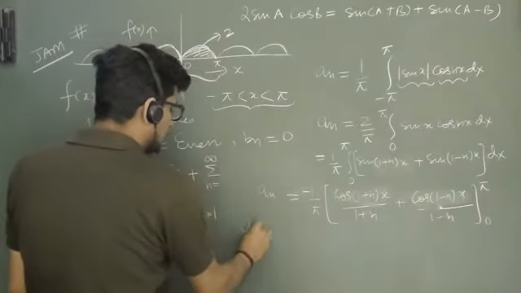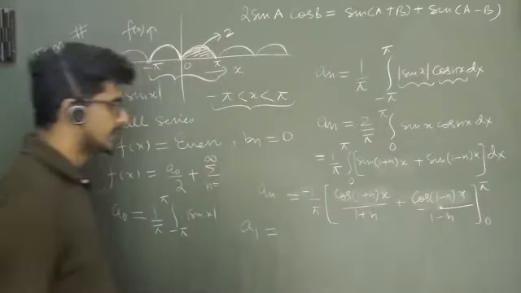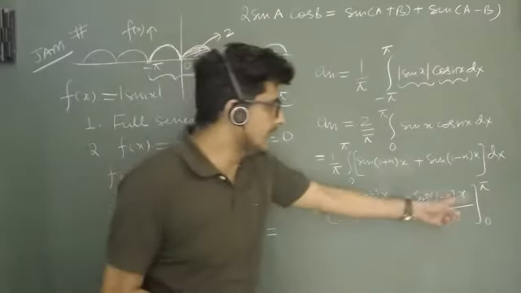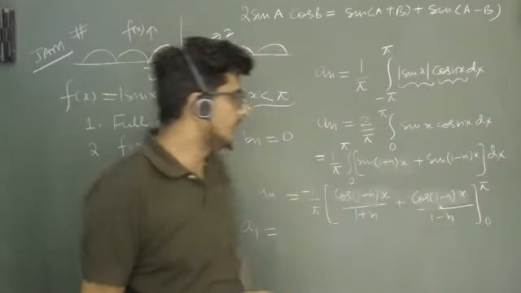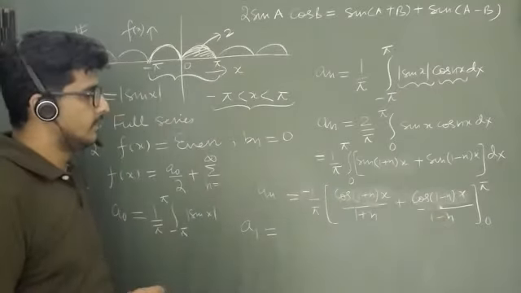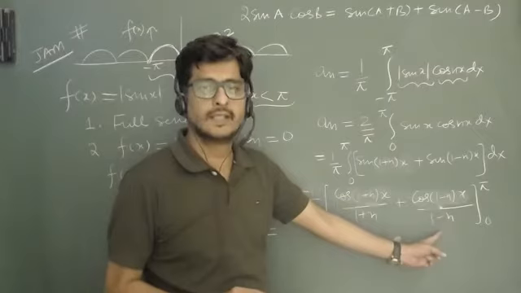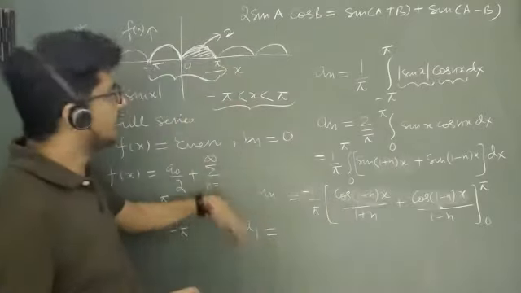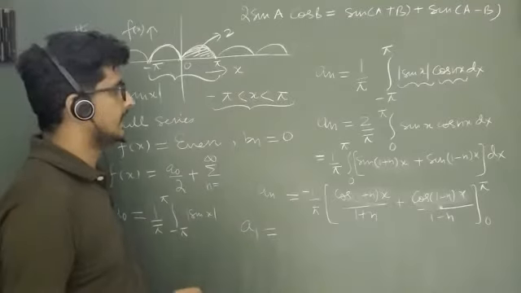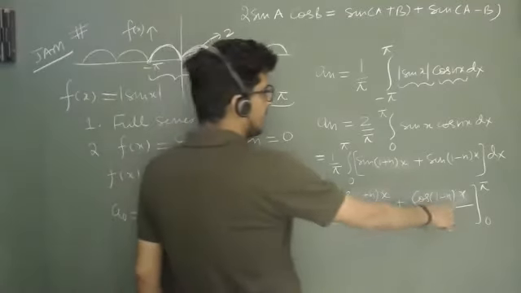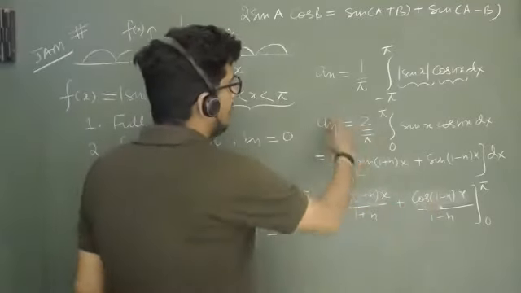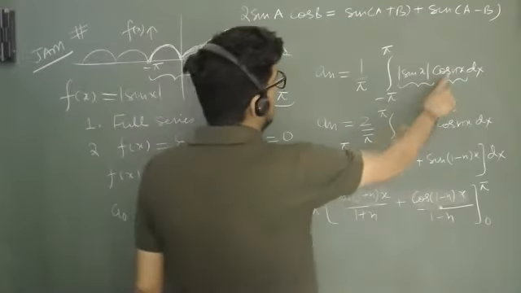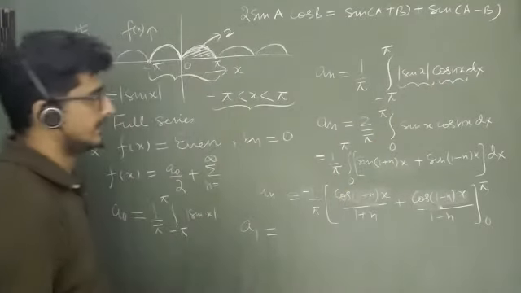So let us put the limits. Suppose I want to ask a1. So a1, you see n is equal to 1. You will put, it will blow up because it is in the denominator, right? So that's why a1 we have to calculate separately. I can't calculate a1 using this formula. If I want a1, I will put directly cos of x here.